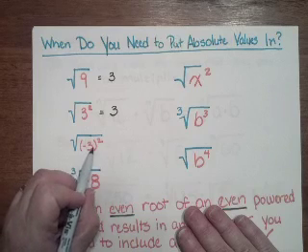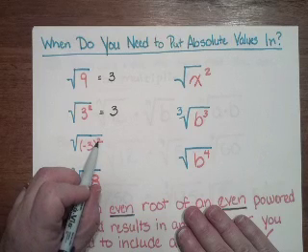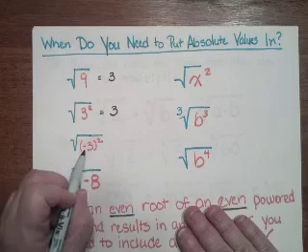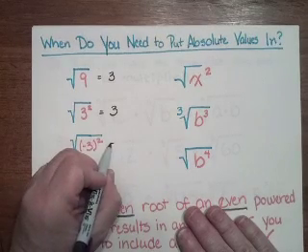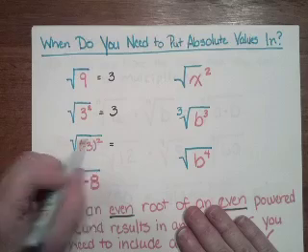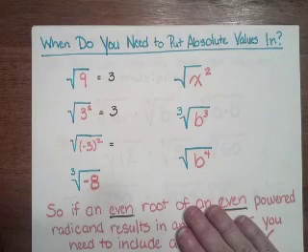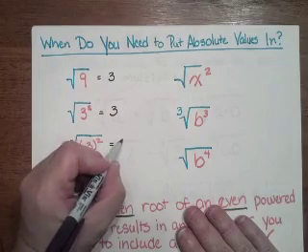But if I have negative 3 squared, I know that my square root is also 3, because negative 3 squared is 9, and the square root of 9 is 3.